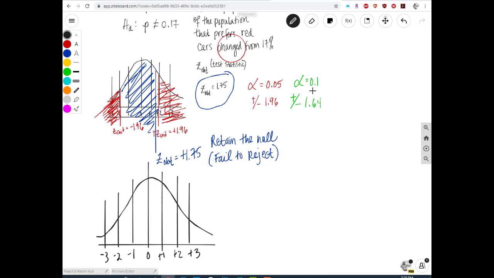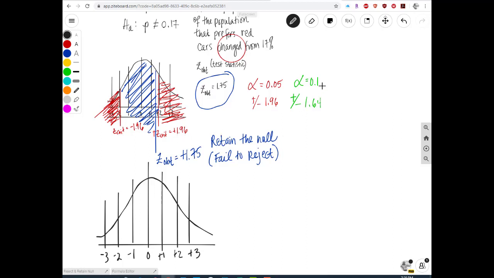Now we change the alpha. Now, you're not supposed to change the alpha after. You're not supposed to try to reject the null after. That's why you set the alpha at the beginning, in the preparatory stage. But I just want to point something out to you. This was the area of rejection when I had an alpha of 5%, and my z-crit that matched that was positive and negative 1.96.